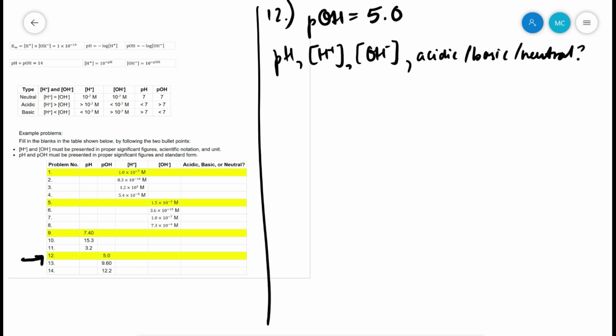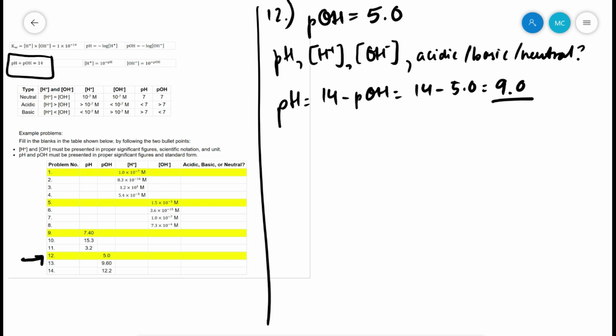First thing first, for pH, at least for me, it will be easier to find the pH by using this equation, solving for pH, 14 minus pOH, which will be 14 minus 5.0, you should get 9.0. Okay, so this is done.